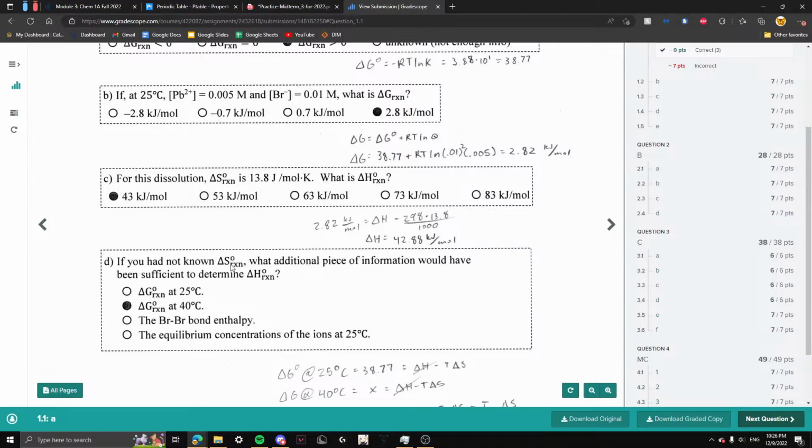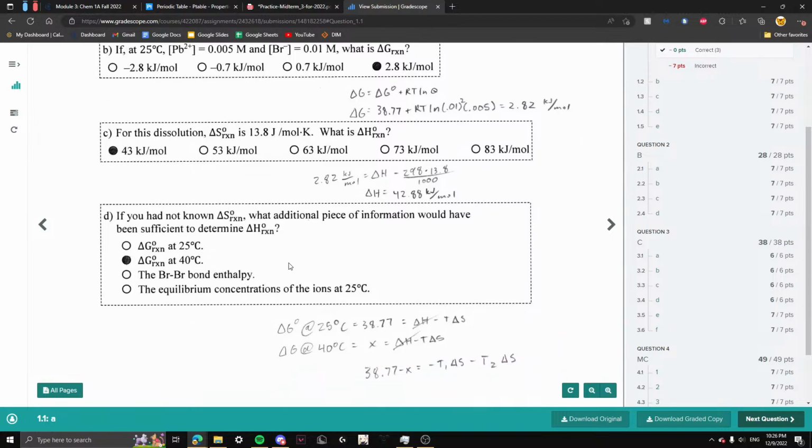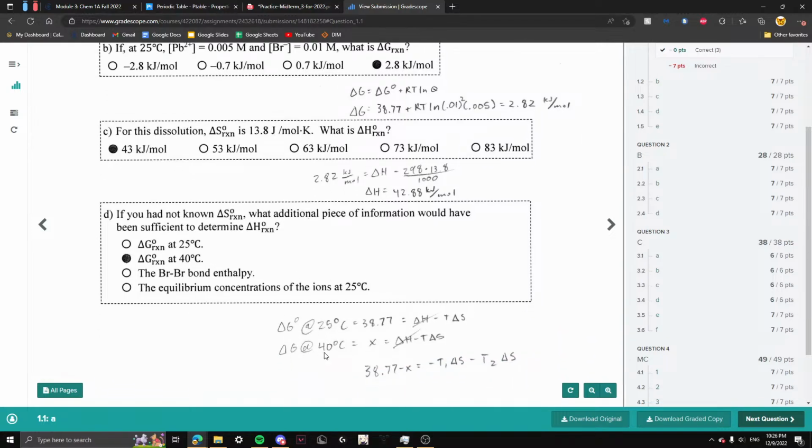For this, if we didn't know delta S of the reaction and we wanted to solve, we would need delta G of the reaction, because you can use it to cancel out the delta H's across both, because delta H will be consistent across both of them, right?